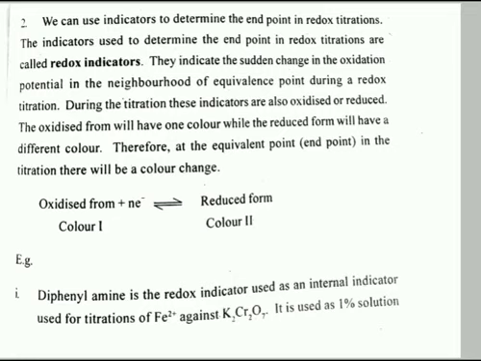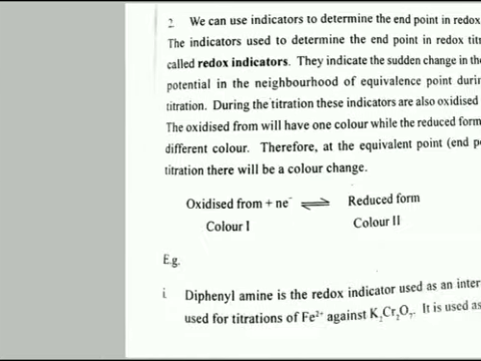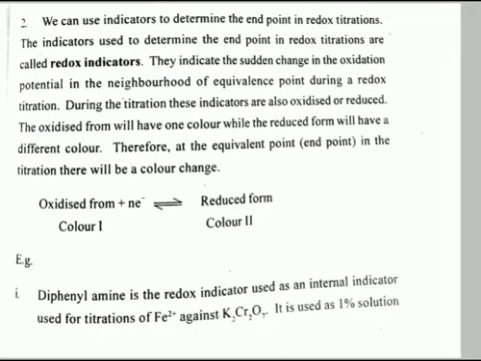So there are two major methods to identify the end point of redox titrations. One is by using the potential, by plotting the potential change against the volume of titrant added. Otherwise, we can use an indicator, like in acid-base titration in volumetric analysis.